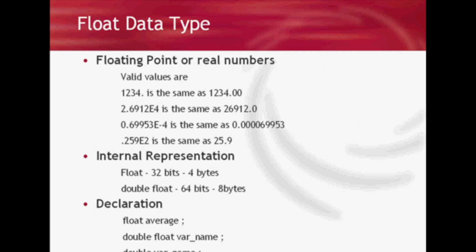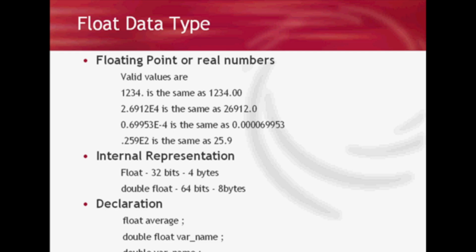Float data type. Floating point numbers or real numbers could be written in two forms: fractional form and exponential form. The value can be positive or negative. Default sign is positive. No commas or blanks are allowed.